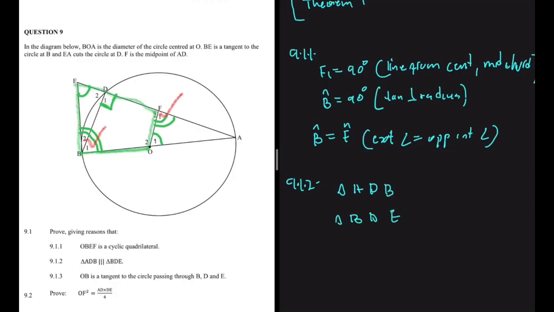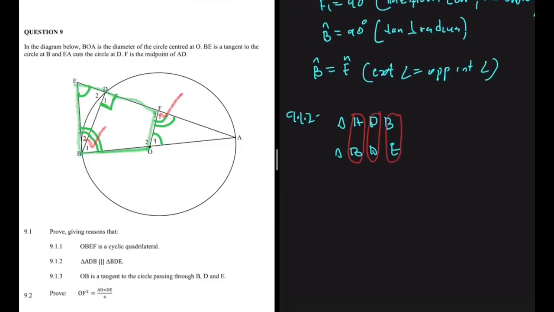The way they name their triangles in an examination, angle A here should be equal to this angle B on the other triangle, and then angle D should be equal to angle D on the other triangle, and then consequently B and E should be equal to each other. So what are we saying? Let me just highlight the triangle so that we can have a bit of clarity.